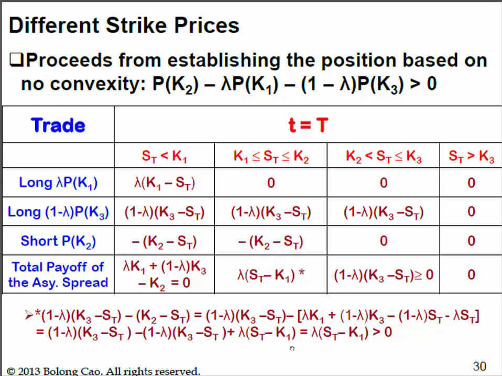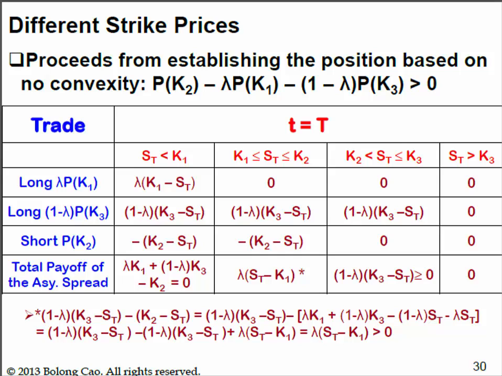So in that way, we proved the option prices, right, for put option premium, it has to follow this convexity with respect to the different strike prices. You can try the same proof for call option.